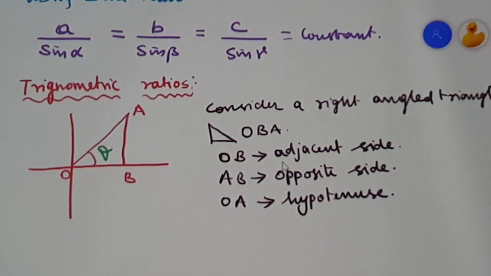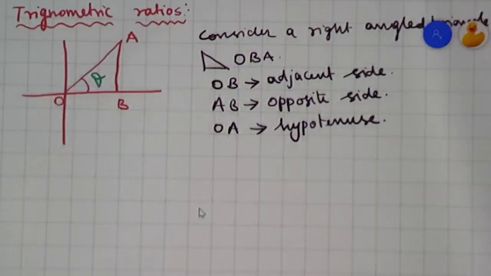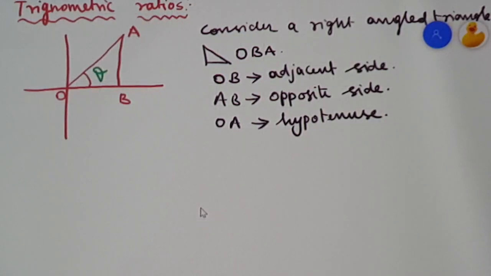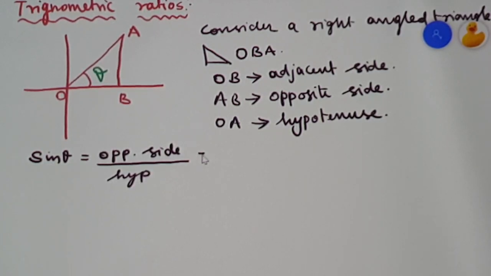What are the trigonometrical ratios that we have to consider? The first trigonometric ratio is sine theta. Sine theta is opposite side divided by hypotenuse. Opposite side is AB, hypotenuse is OA.